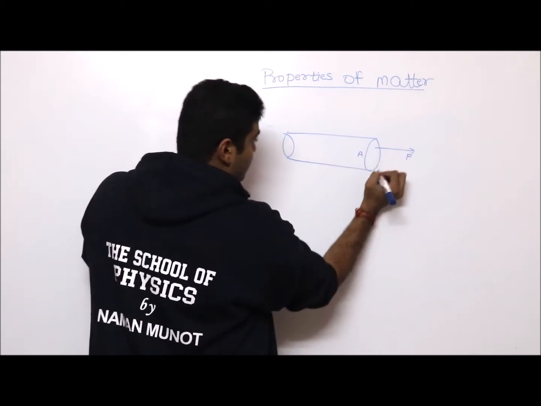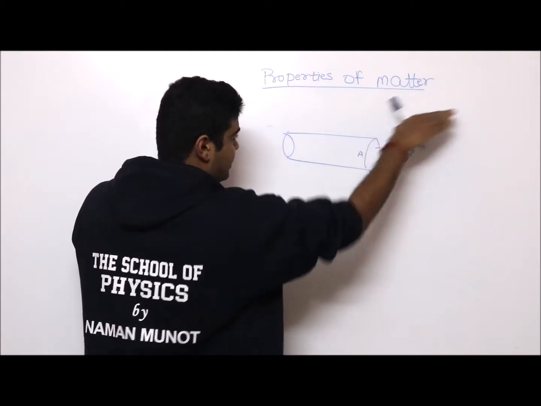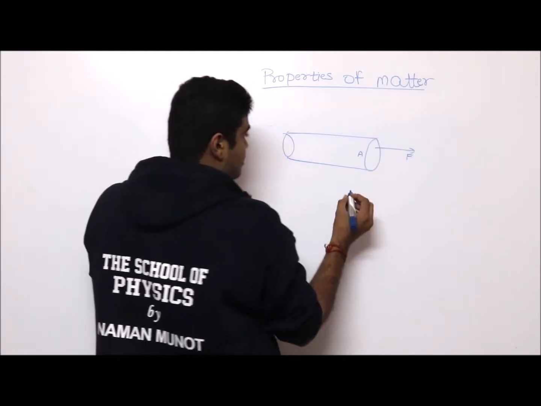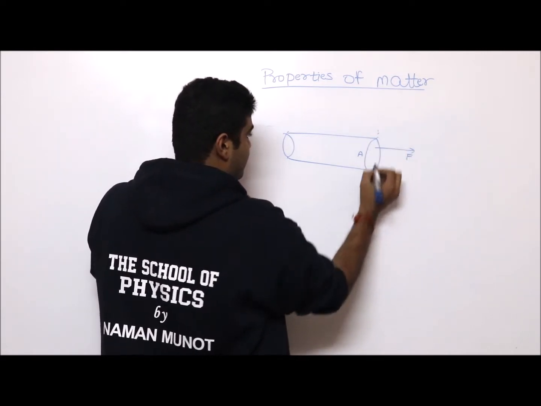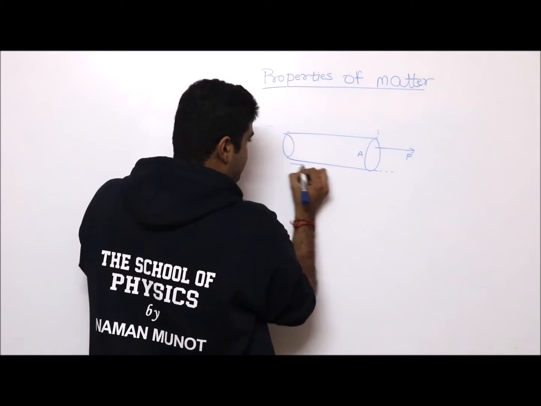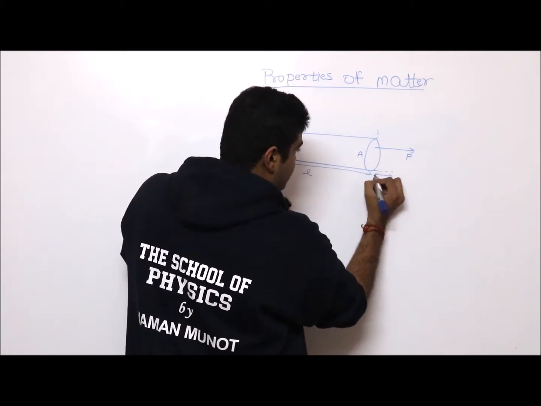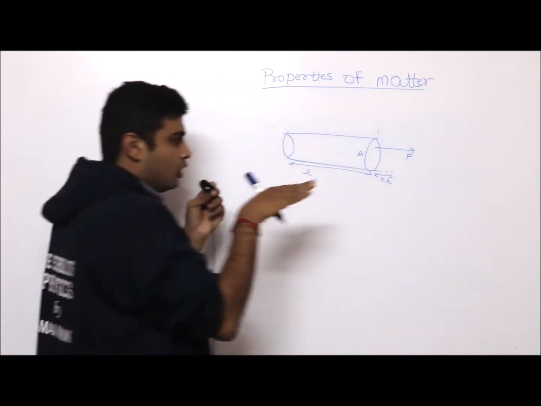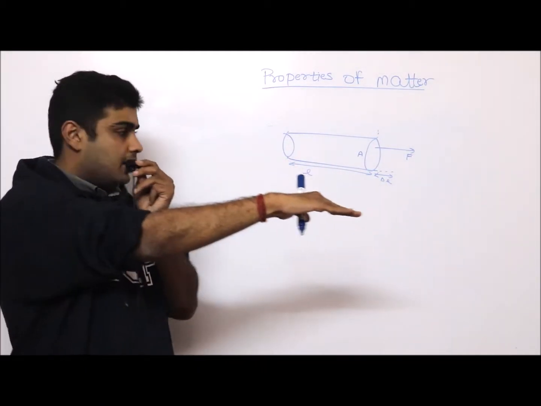This area is A. Suppose because of this force, which might be in any direction, say this direction, there is some kind of an elongation in this direction. Its initial length is L, and there is some elongation delta L in the longitudinal direction.